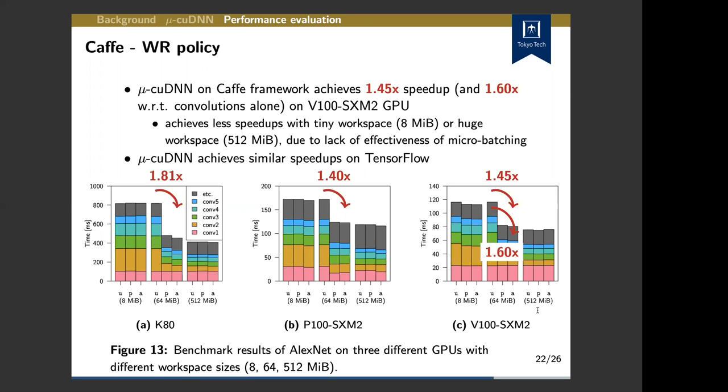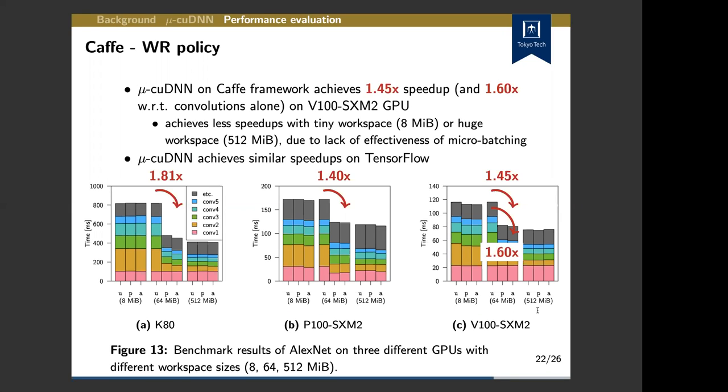Another important observation here is microcuDNN achieves less speedup with a too tiny workspace size, I mean 8 megabytes, or a huge workspace, 500 megabytes. This is because if the workspace size is too small, like 8 megabytes, microcuDNN cannot utilize it, even though it splits the minibatch into microbatches.